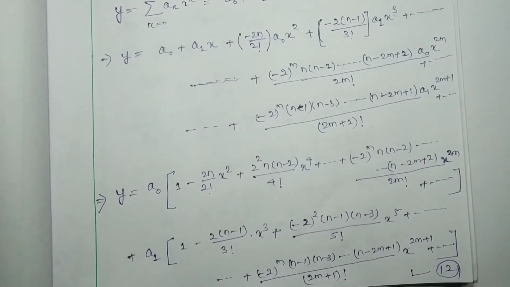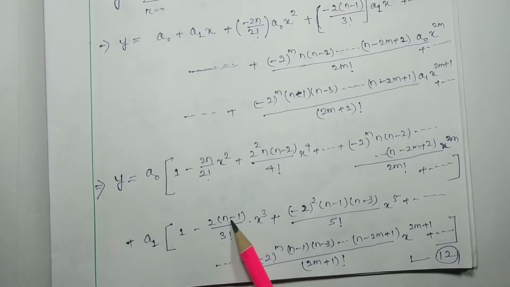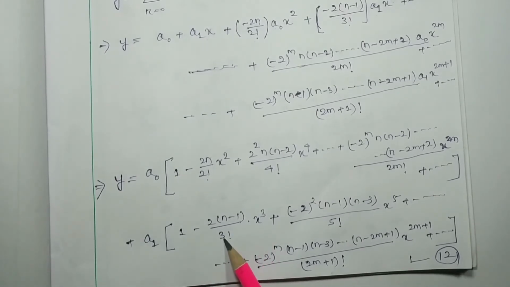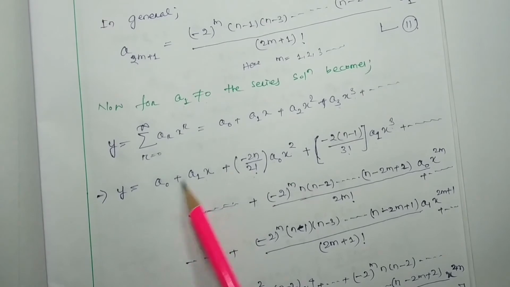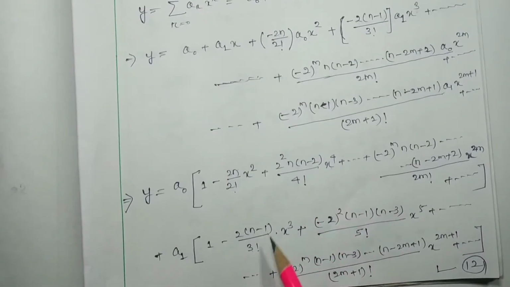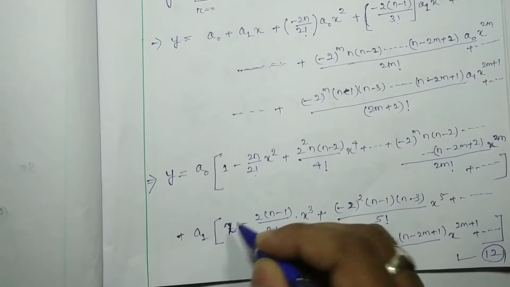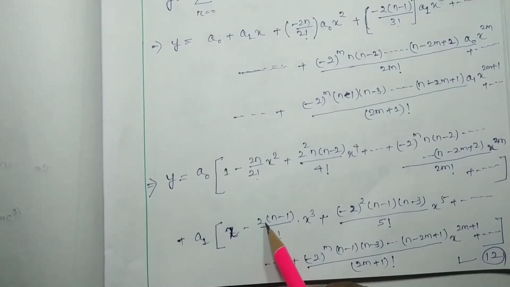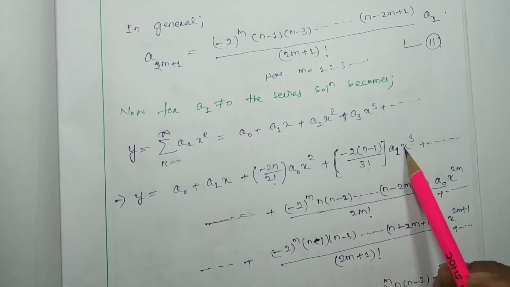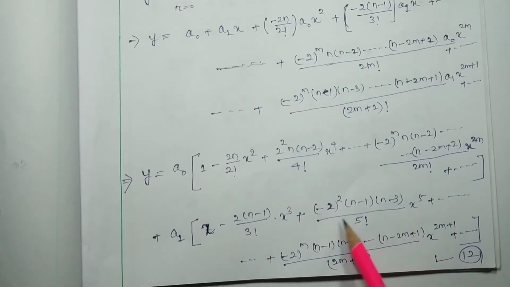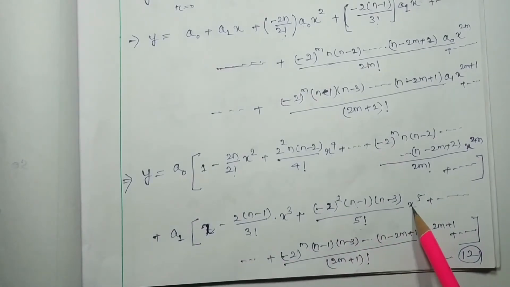Likewise, if we take a1 common, what we can find? a1 taken common, so it will be x, which I mistakenly did not write, x minus 2 into n minus 1 by 3 factorial into x cube, and then minus 2 square into n minus 1 into n minus 3 by 5 factorial into x to the power 5, and so on.